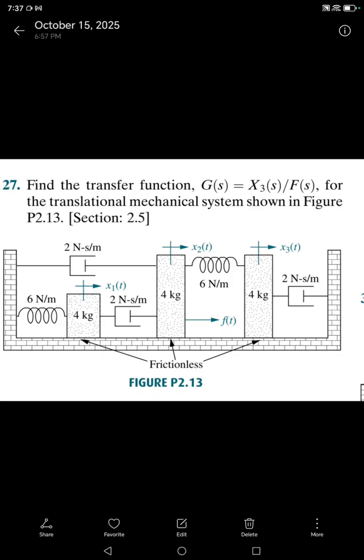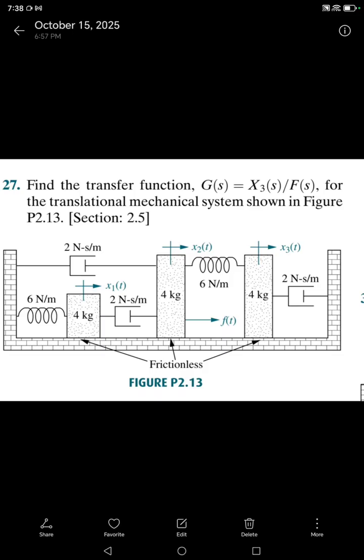They say find the transfer function G(s), which is equal to X3 over F(s). So here we are looking for X3 over F, for the translational mechanical system shown in figure P2.13.